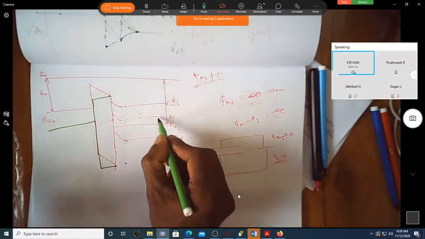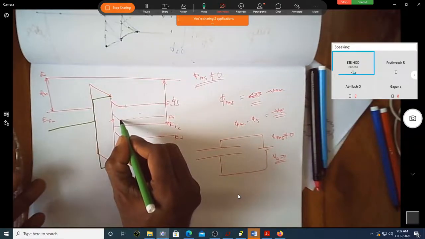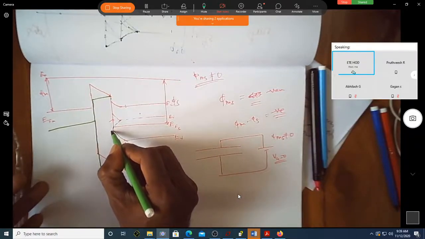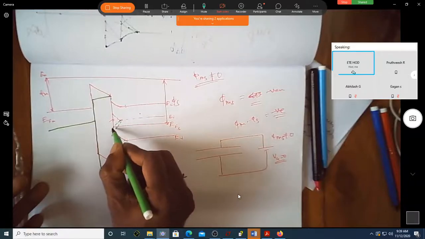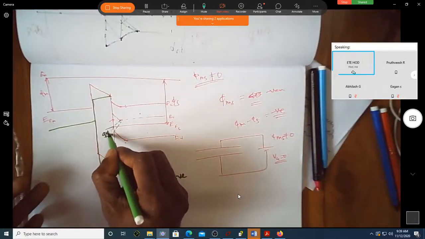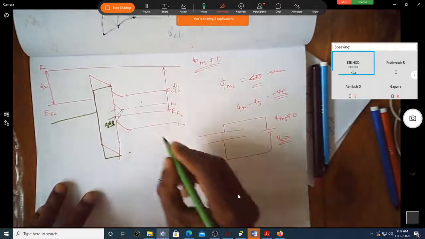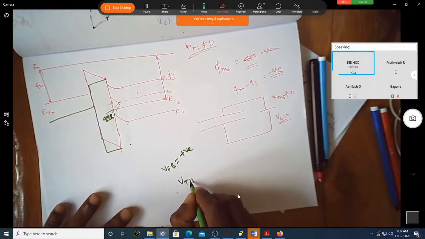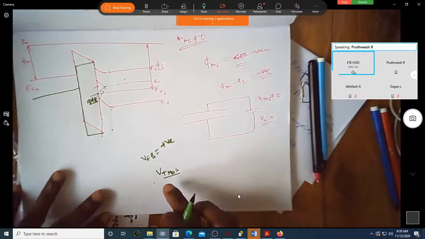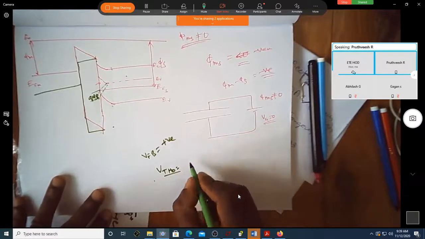Your intention is strong inversion. From here this has to bend till this point, till 2 phi B. What is actually your VTHO? VTHO corresponds to the threshold voltage.